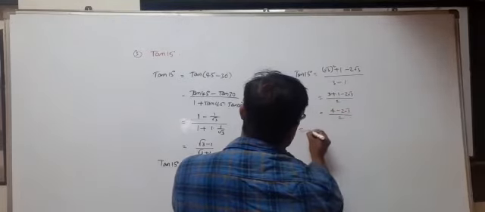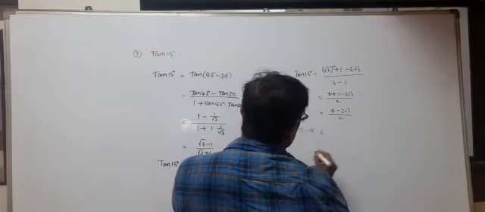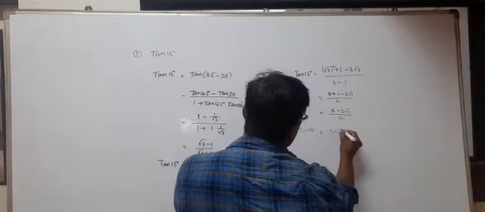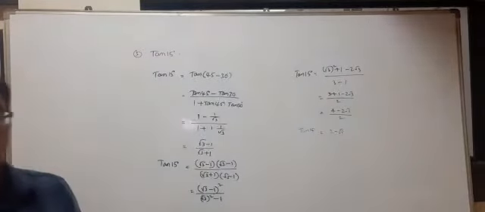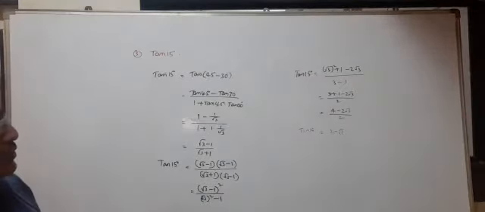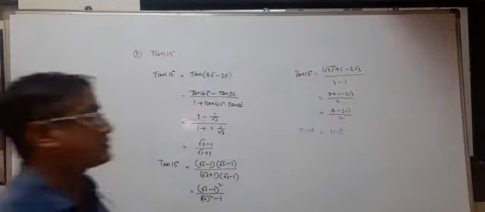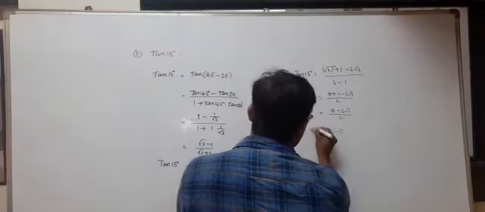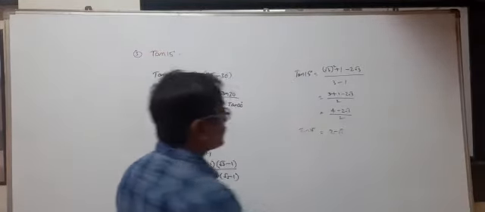So tan 15 degrees will be 2 minus root 3. That is the result, tan 15 degrees. Once you cancel 2 in the numerator, tan 15 degrees will be 2 minus root 3.